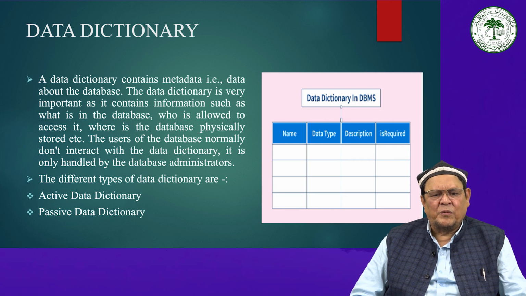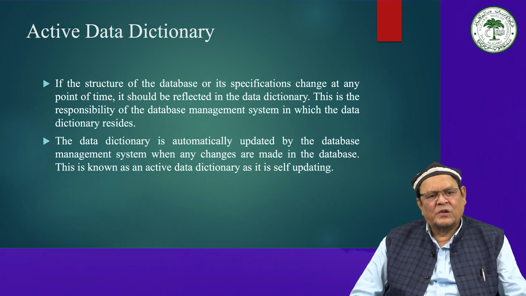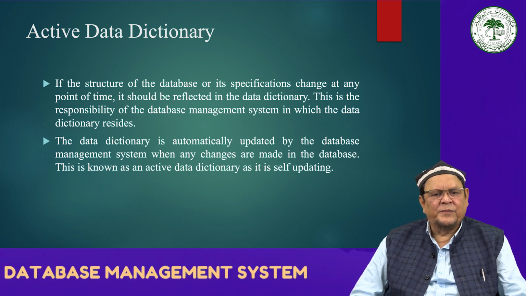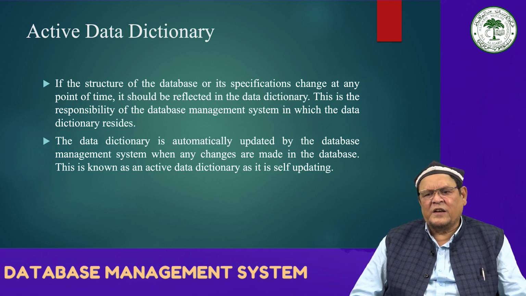The users of the database normally do not interact with the data dictionary. It is only handled by the database administrator. The different types of data dictionary are active data dictionary and passive data dictionary. Let us start with the active data dictionary. If the structure of the database or its specifications change at any point of time, it should be reflected in the data dictionary.